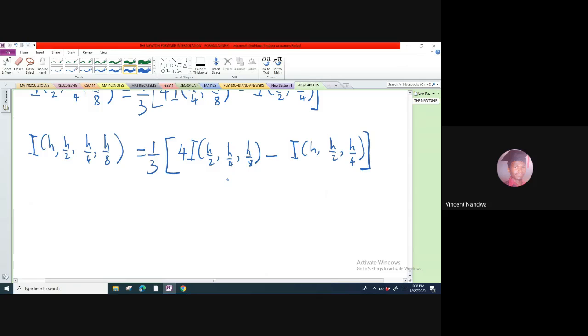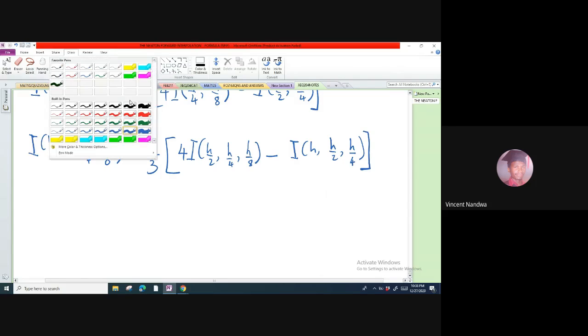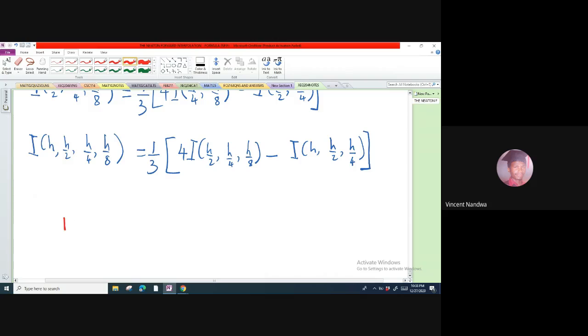So this is the formula that you need to remember. The basic formula is that I of h comma h over 2 is a third into 4 I of h over 2 minus I of h.